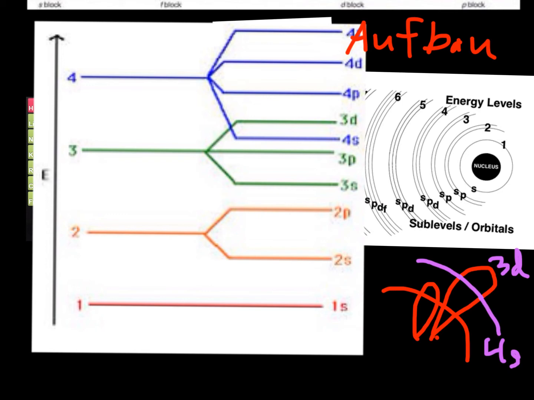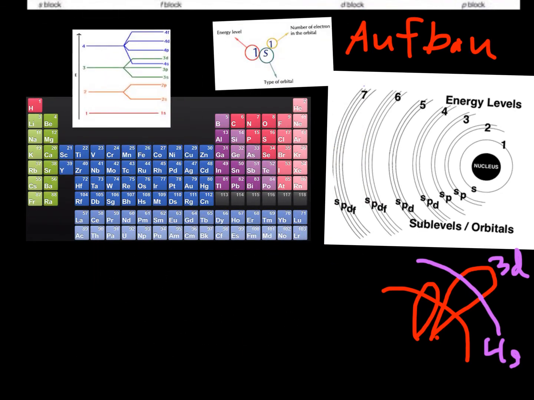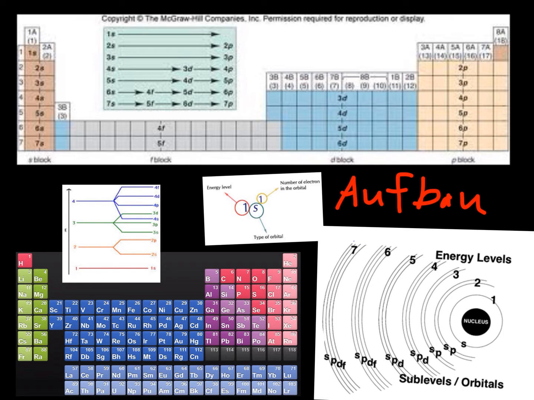That's why when you're following on the periodic table, I'll shrink this one and get rid of it. When you're following on the periodic table, we go 6s and then 4f. Because the f, even though it's in 4, ends up filling in a different order. So following the periodic table, you're going to write them the way that they fill. Now, I made sure to represent this periodic table on here because this is how the periodic table should look.